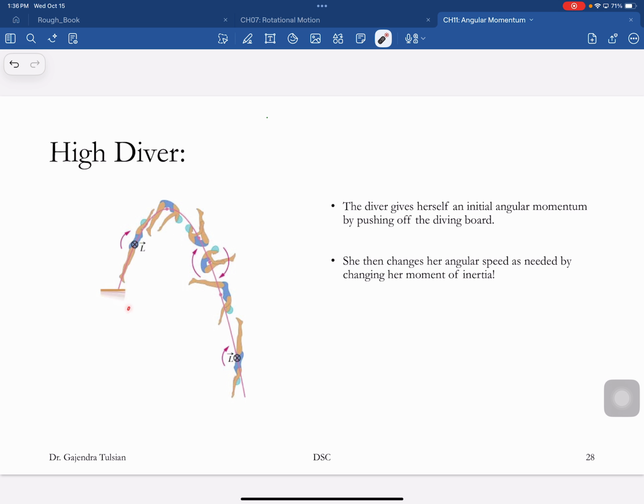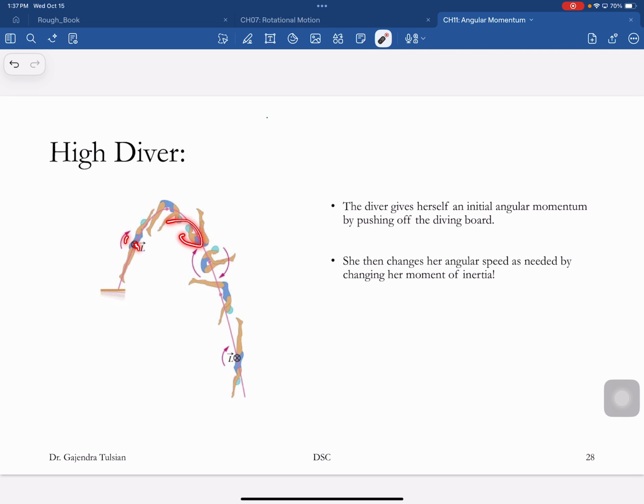So here's another instance of constant angular momentum. When this diver jumps off, her center of mass is in front of her feet. So she gives herself an angular momentum. In some competitions, you have to spin two times before you enter the water, or 3 times. So what is it that you do?